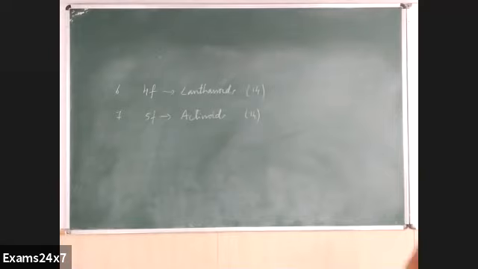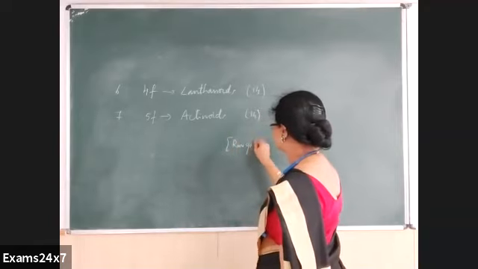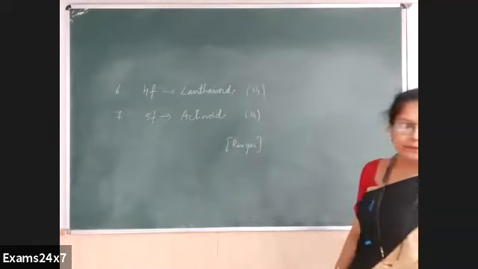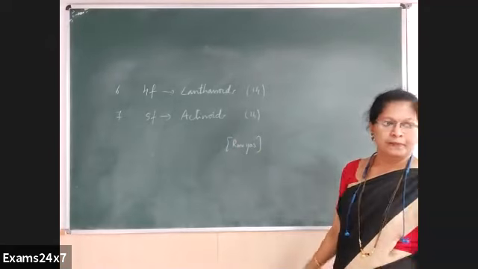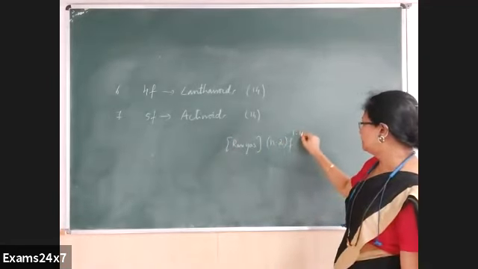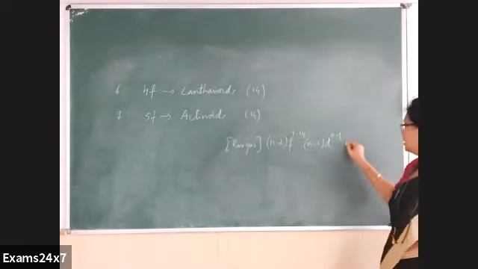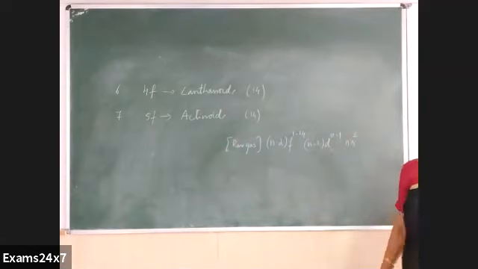What is the general configuration? Rare gas followed by (n-2)f 1 to 14, (n-1)d 0 to 1, ns2.